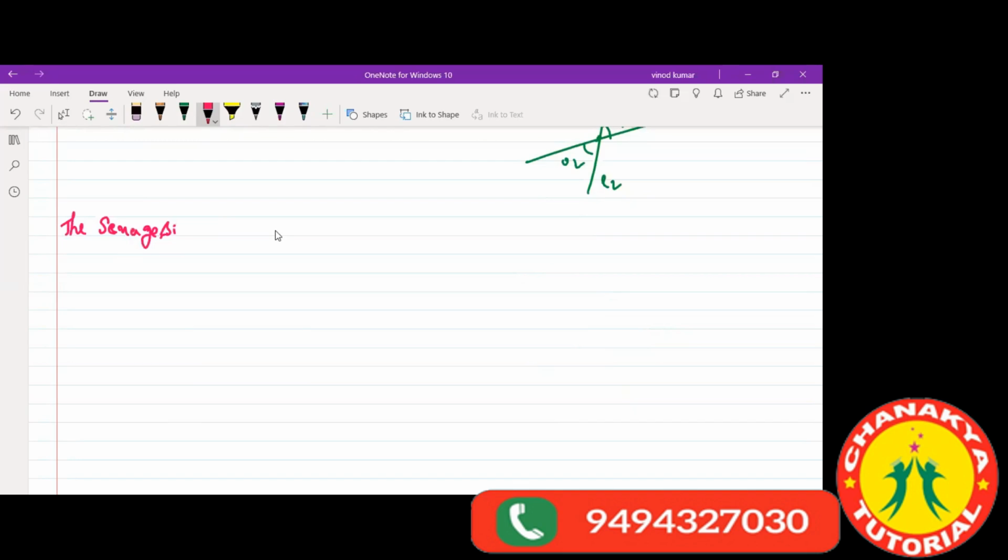Sexagesimal system measurements are the British system.